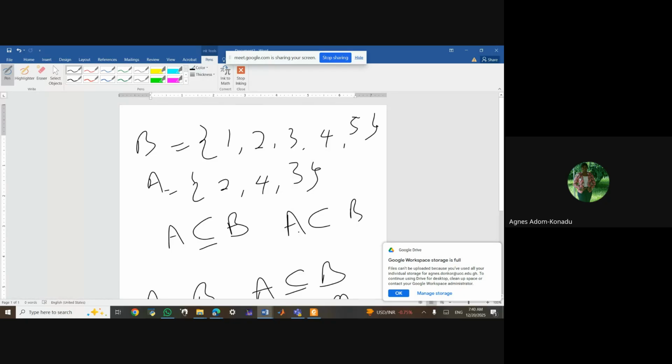And we say that A is a proper subset. So this symbol looks like the less than and greater than that we know in inequality. If we have this without the line under it, then it means that this set is smaller than this set.